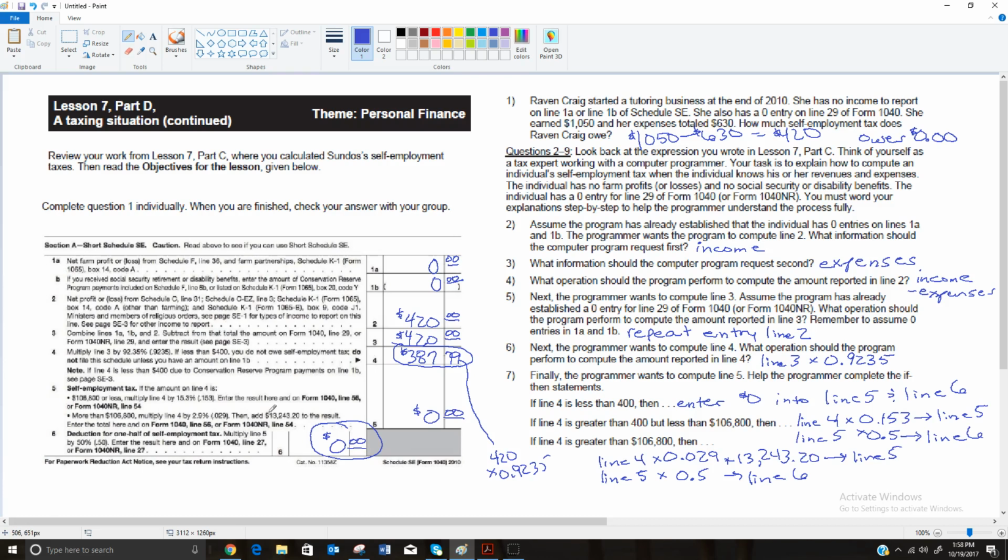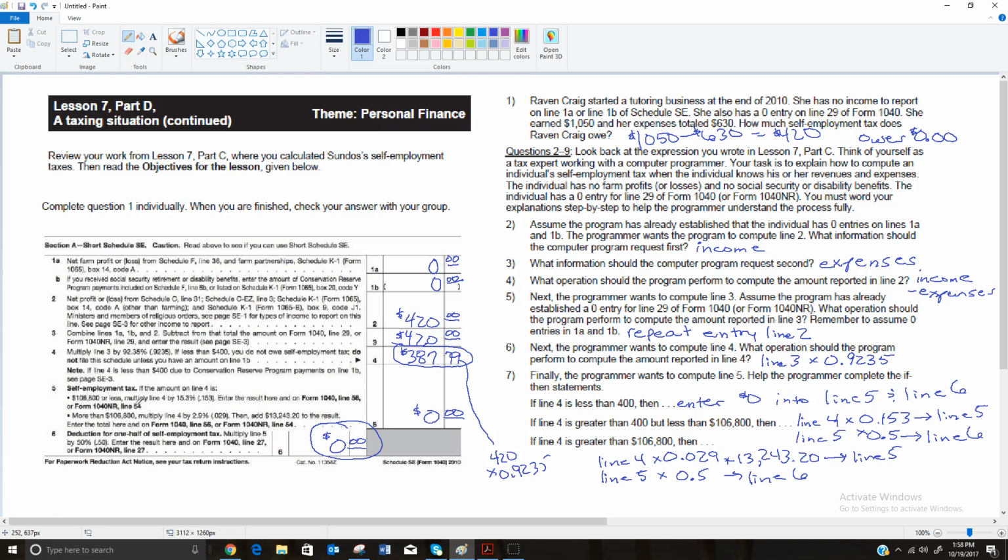So this 13,243 is taking the difference between these two amounts, between the 15.3% and the 2.9%, and multiplying that by the initial 106,800, and then we take the whole amount times 2.9% from there. Again, you don't have to worry too much about that, but just remember, if it does go over 106,800, we're supposed to multiply it by 0.029 and add 13,243.